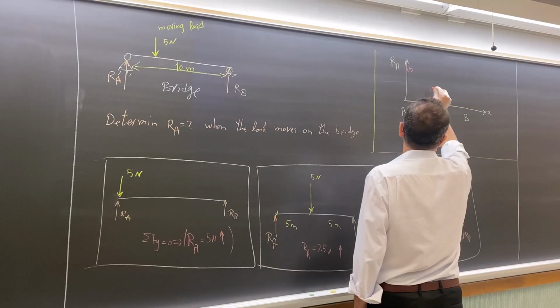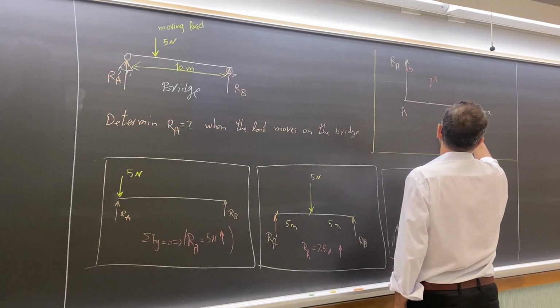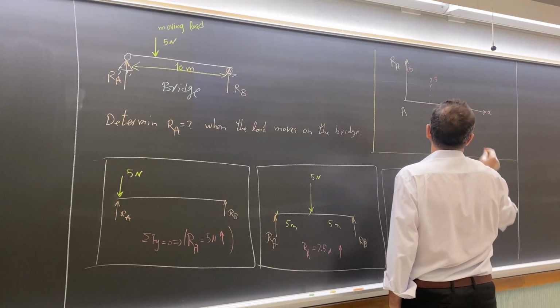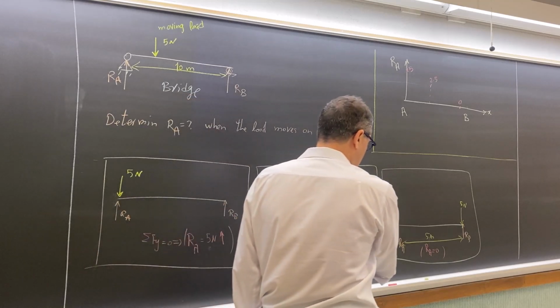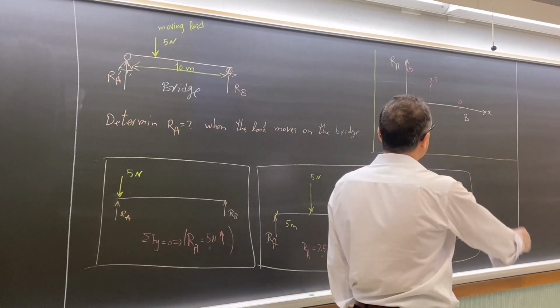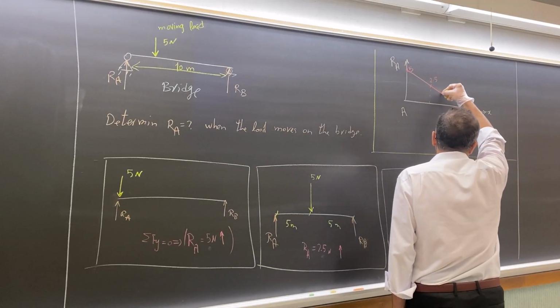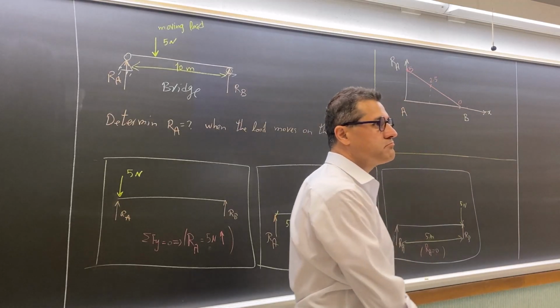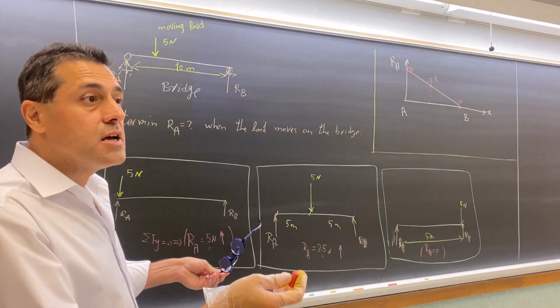Right in the middle, it is 2.5, and then once we reach point B, it is 0. 5 Newton, 2.5, 0. And I just connect them together with a straight line. This diagram is the influence line for RA.